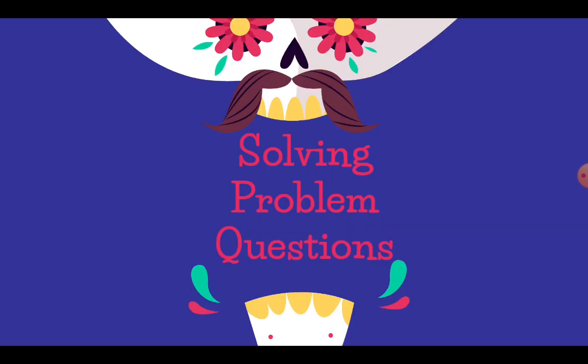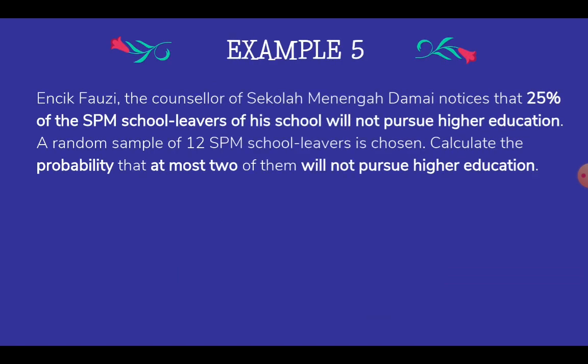Okay, let's look at solving problem questions. Example 5. Encik Fauzi, the counsellor of Sekolah Menengah Damai, notices that 25% of the SPM school leavers of his school will not pursue higher education.